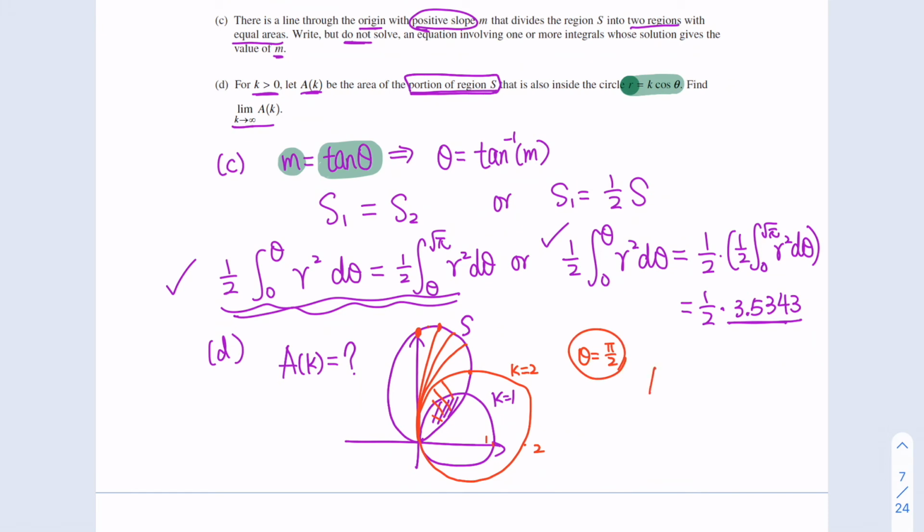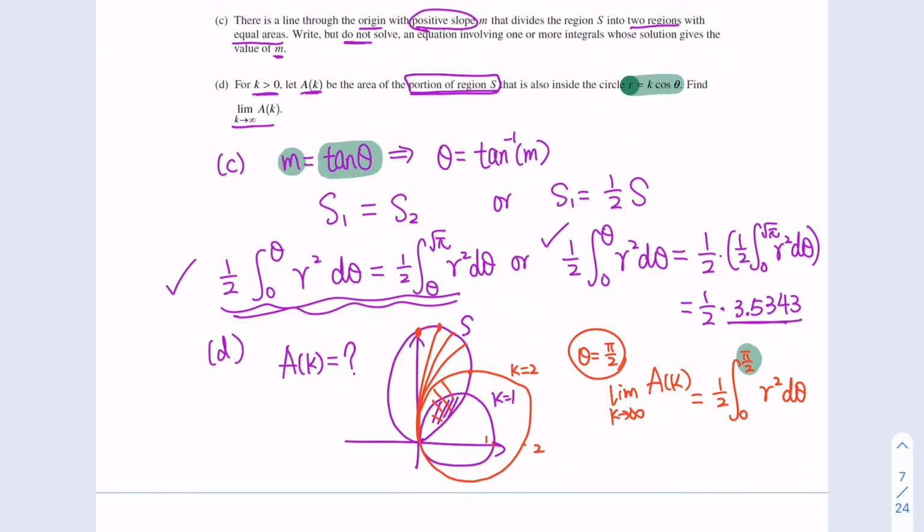The area A(k) as k goes to infinity will be directly equal to 1/2 integral from 0 to pi over 2 of r squared d theta. This is a very important step, pi over 2 here.